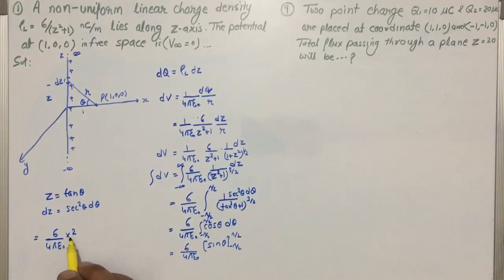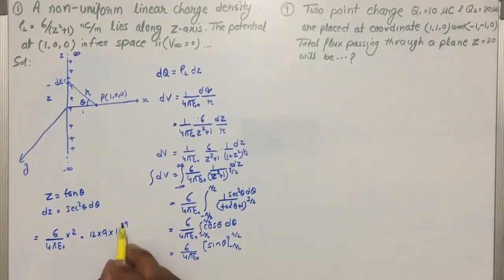I don't know in which form the answer is given. So if we simplify this, it will give us the final result. So we can say 12 into 9 into 10 to power 9 into 10 to power minus 9. 1 by 4 pi epsilon naught is just 9 into 10 to power 9.